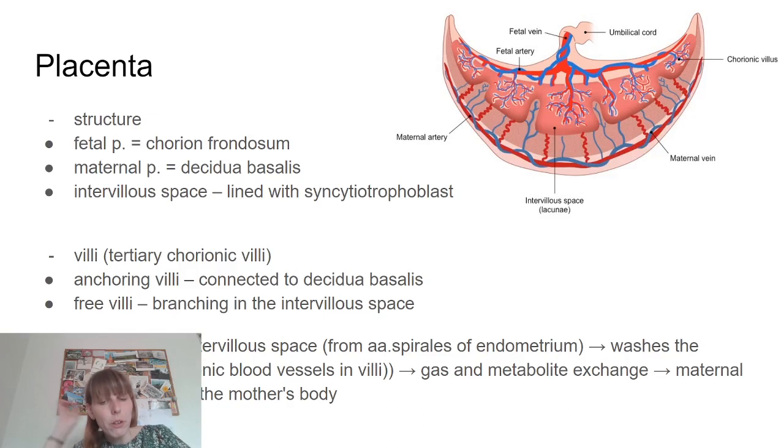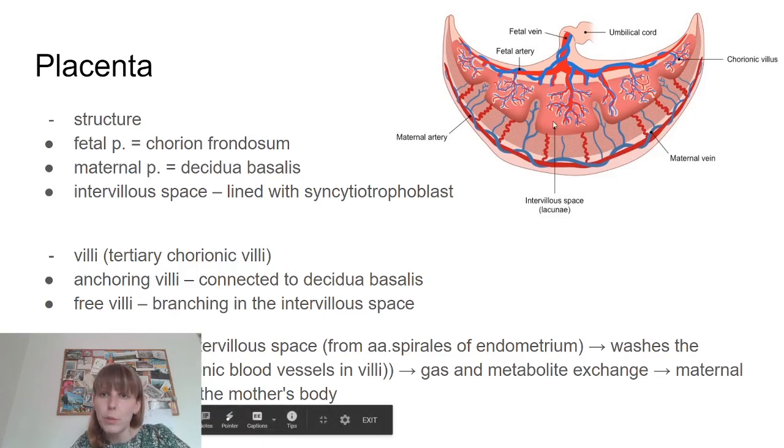villi, because maternal blood will be everywhere here in the intervillous spaces, and then you have the wall of the villus, and inside in the extraembryonal mesoderm you have the blood vessels of the embryo. So for the gas and metabolite exchange, the maternal blood, which is oxygenated, comes here and it has nutrients.